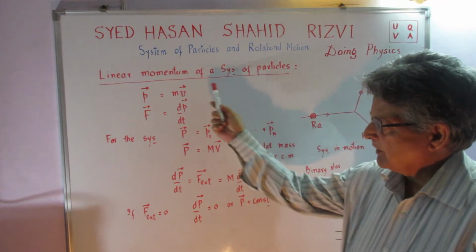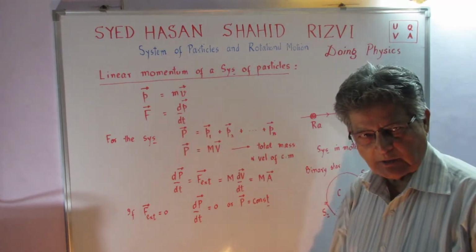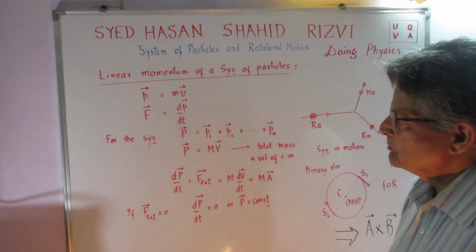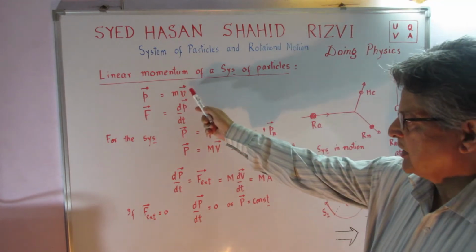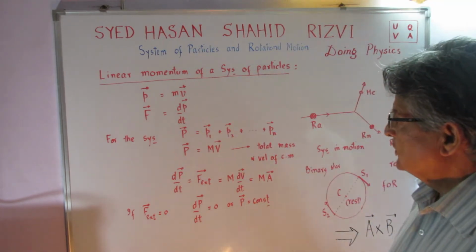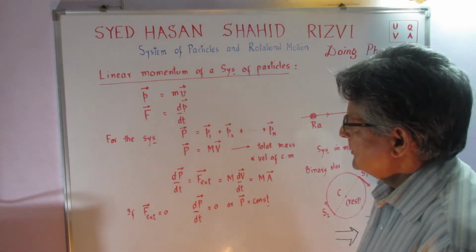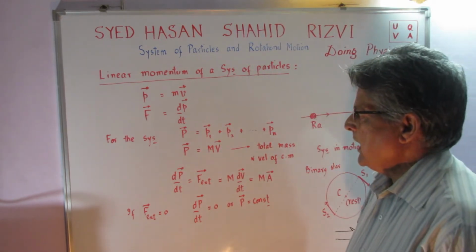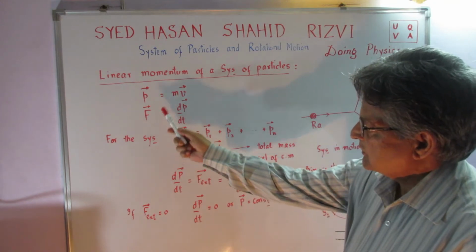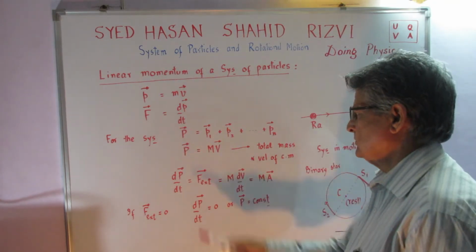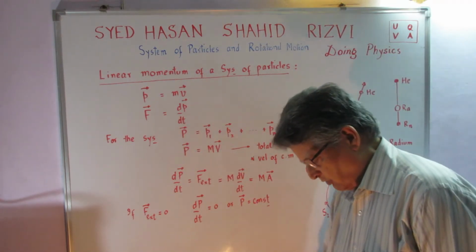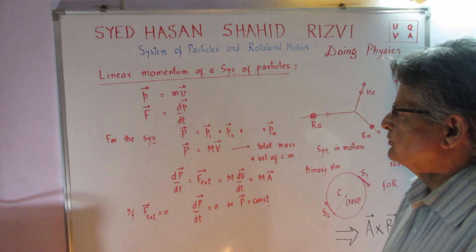As we know, we can define the linear momentum associated with the particle as the product of its mass, which is scalar, into the velocity, which is a vector. I have done it several times in the past few lectures, and the external force acting on the system, this is the definition, is equal to dp/dt.